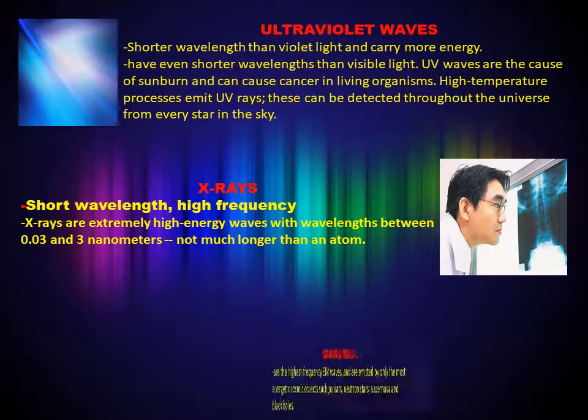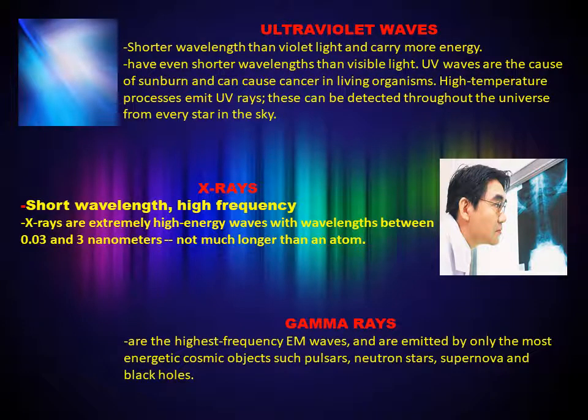And lastly, we have the gamma rays. Gamma rays are the highest frequency in electromagnetic waves and are emitted by only the most energetic cosmic objects such as pulsars, neutron stars, supernovas, and black holes.